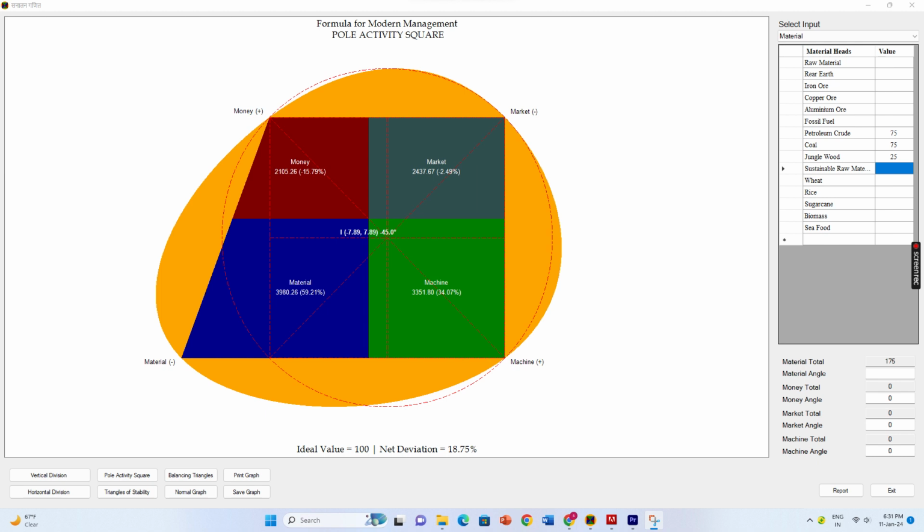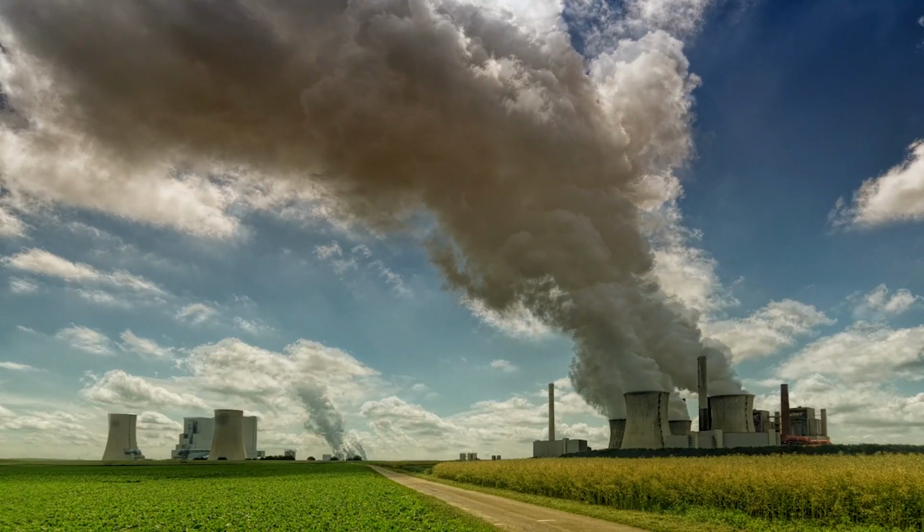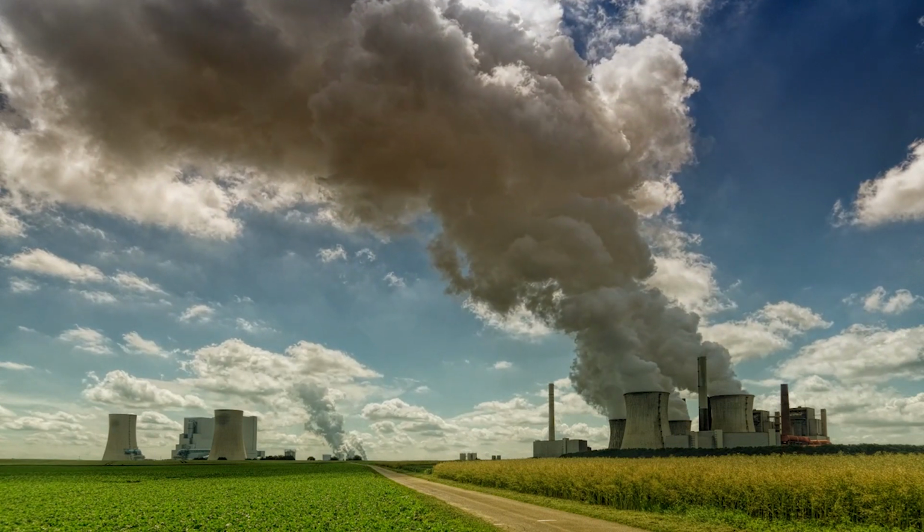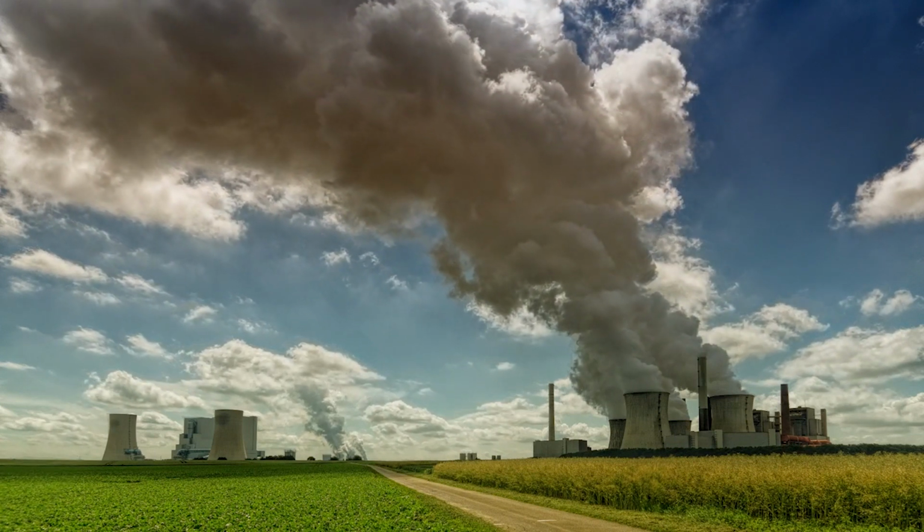But petroleum and coal are creating a lot of environmental implications. Fossil fuel is responsible for global warming.